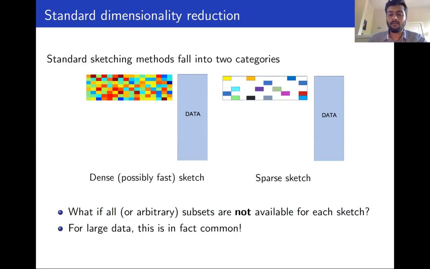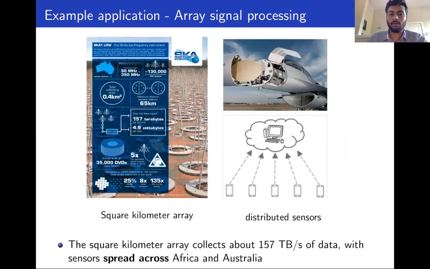So there is a mismatch between existing methods and a lot of applications where data is naturally distributed. To point out one such application, let's go to the Square Kilometre Array.